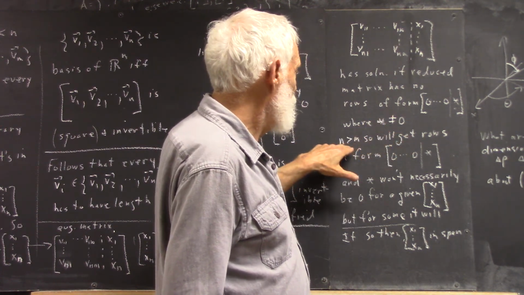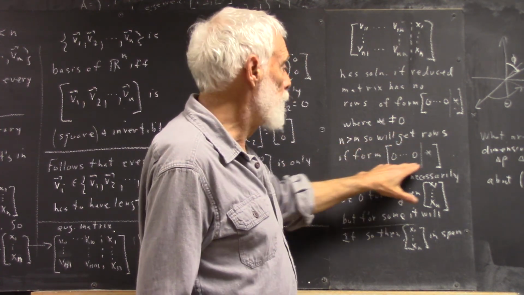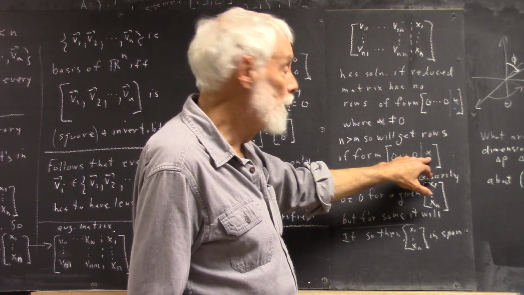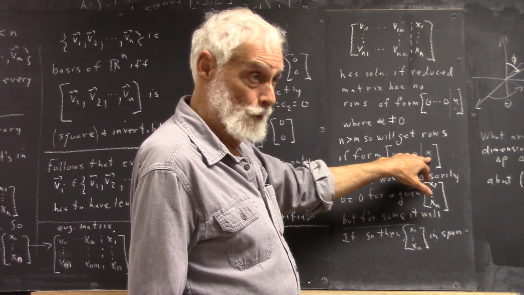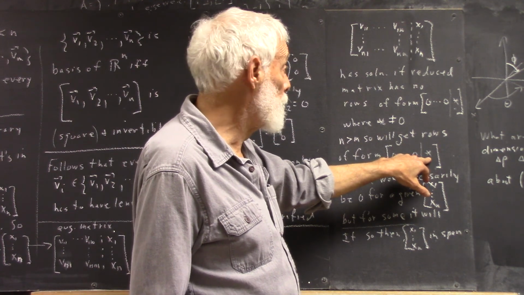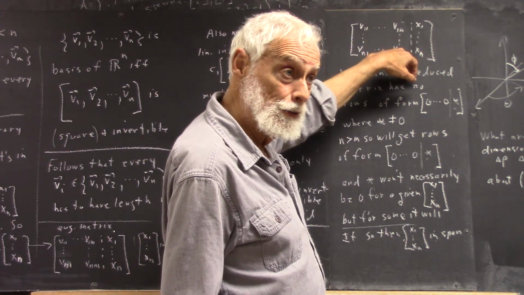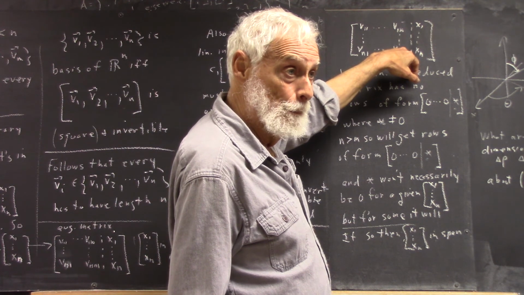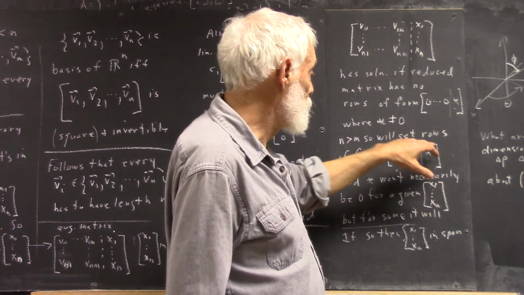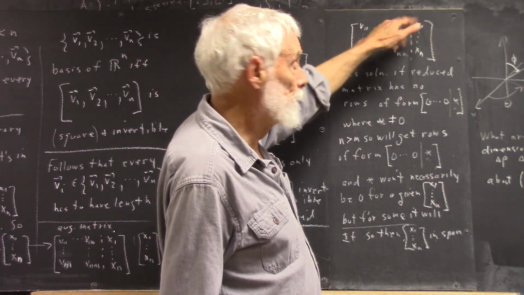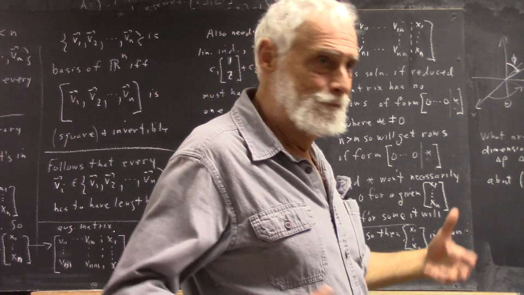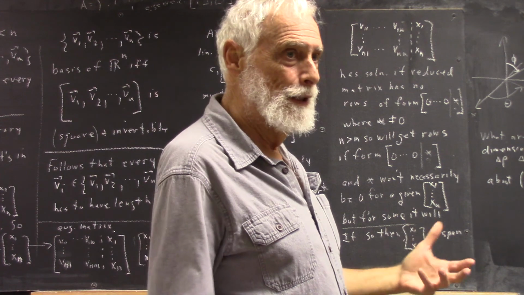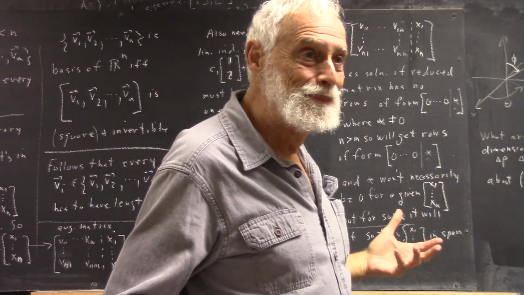So, n's greater than m, so you will get rows of this form, but this thing won't necessarily be zero. That depends on what your x1 through xn is. So, actually, if you just randomly select an x1 through xn, your chances of hitting one that's in the span are pretty much zero.